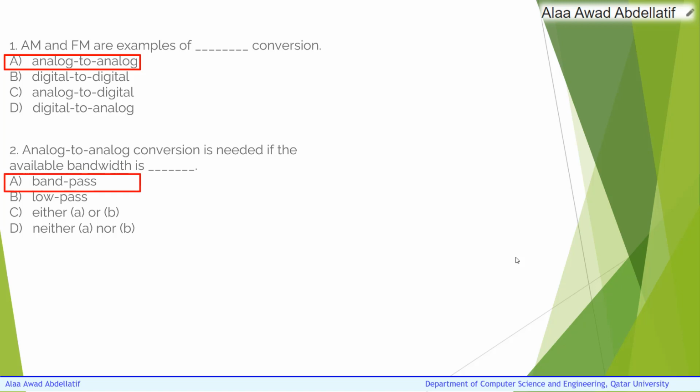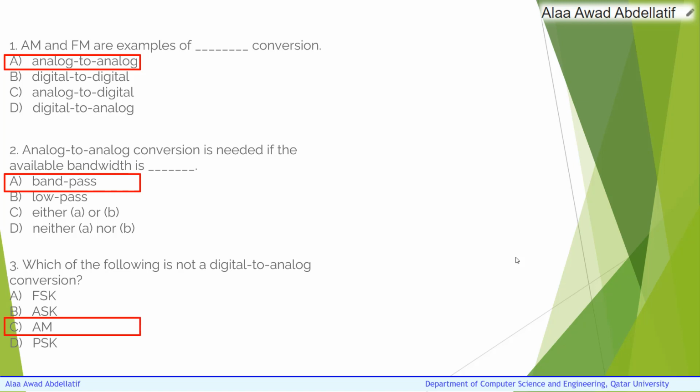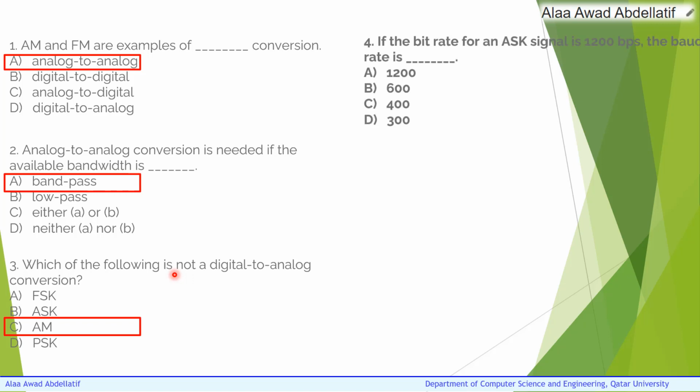So I'm using analog to analog to shift my data to high frequency in a bandpass channel. Which of the following is not digital to analog conversion? AM. And take care about the word not.